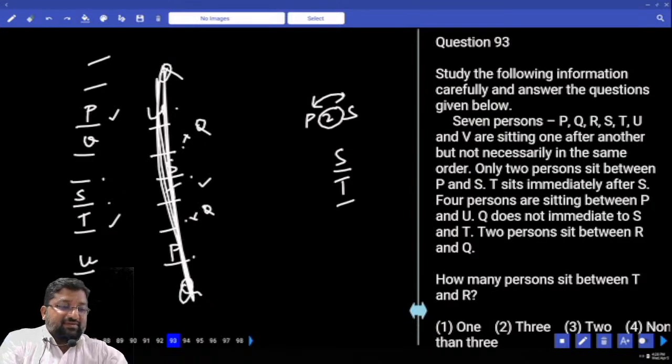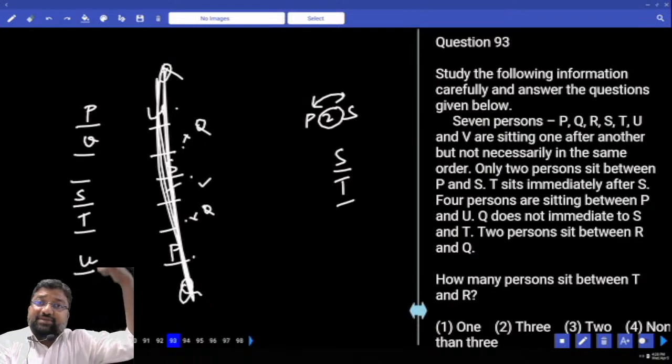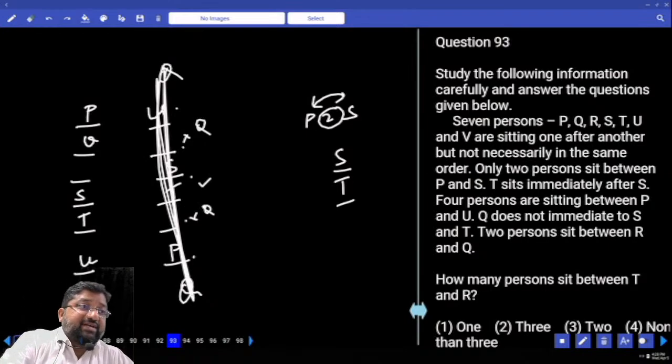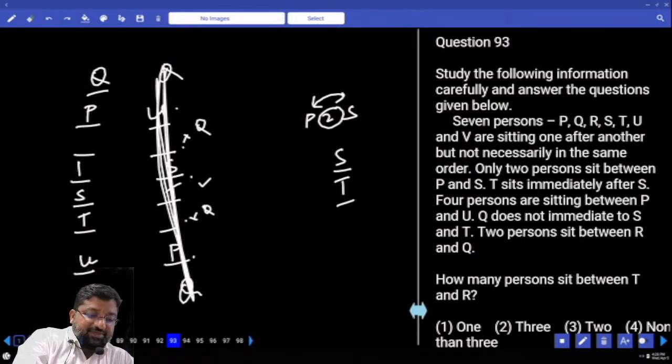Already 6 places are covered here. We need only 1 place, which can be in the bottom or in the top. If it is in the bottom and I go for Q, there is no space vacant for R. So surely this has to be Q and this should be R.